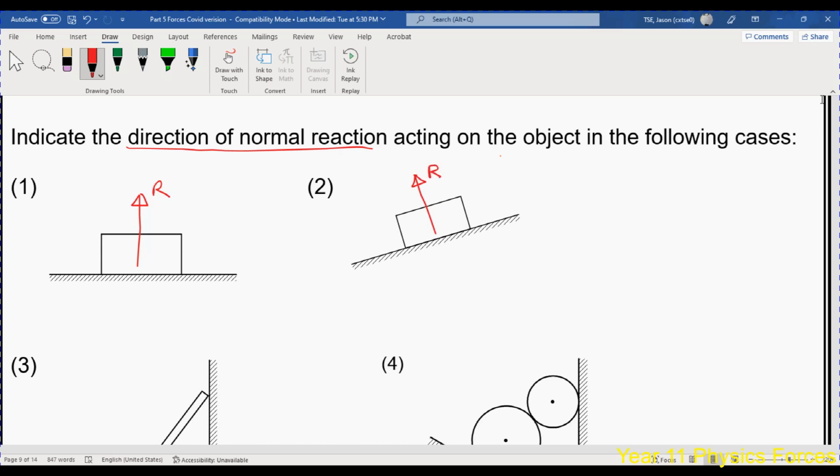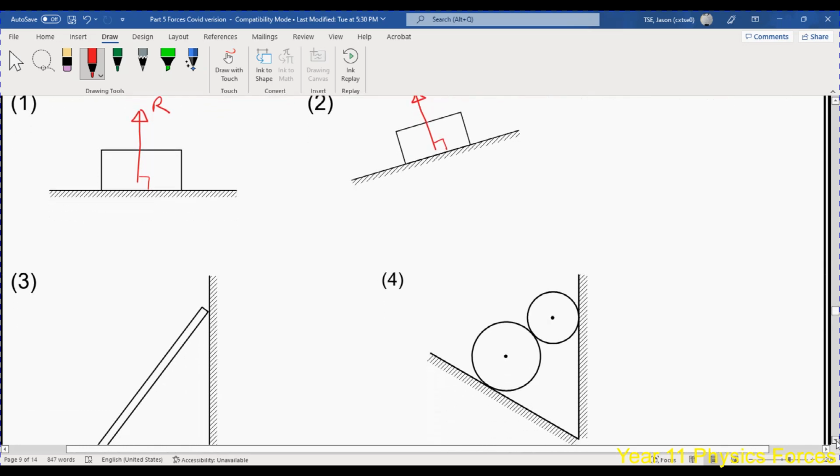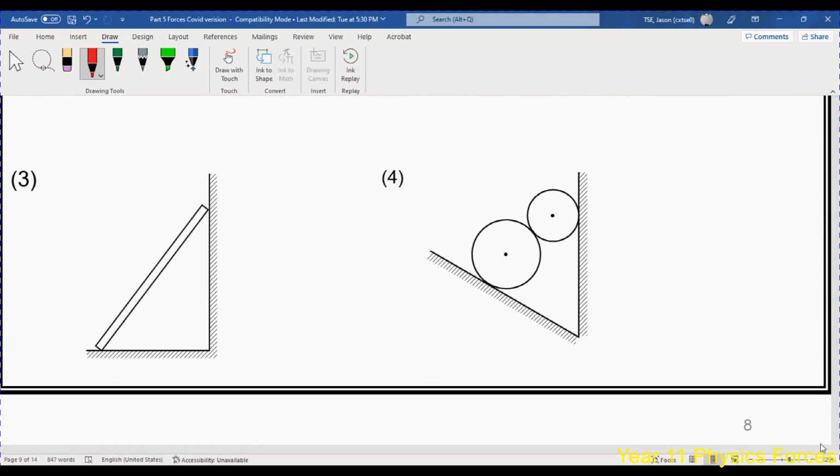Perpendicular means make sure they form a right angle here. Do we have normal reaction here? Yes. Here the corner is pressing against the ground. So that's normal reaction.